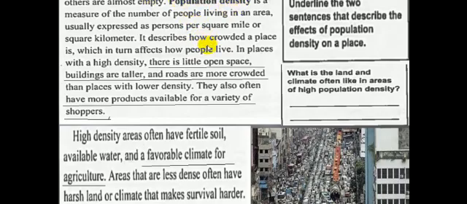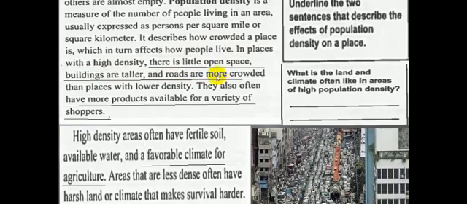Of course, this population density describes how crowded a place is, which in turn affects how people live. In a place with a high density, there is little open space. Buildings are taller and roads are more crowded.